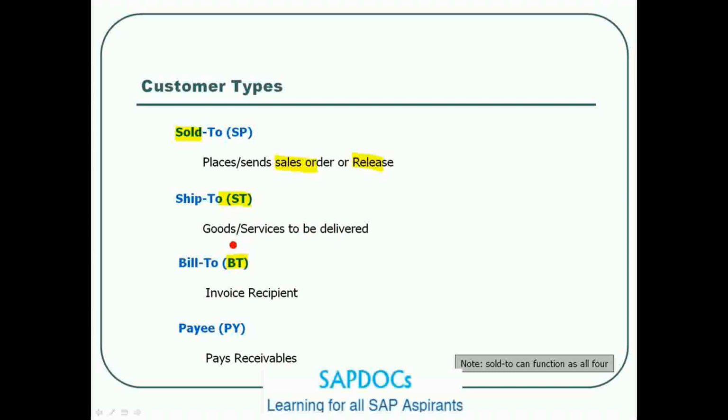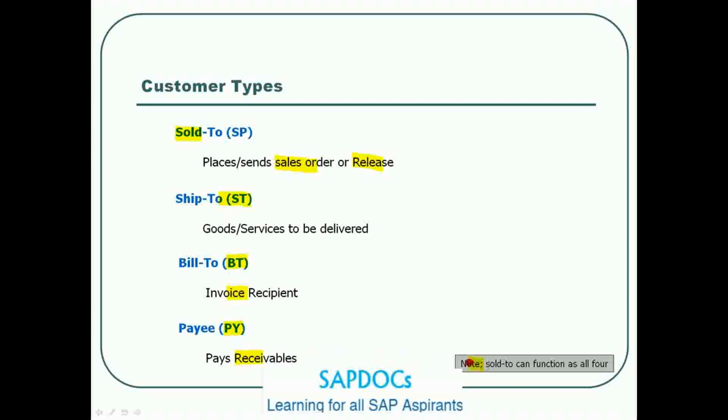Billed to is the party that you bill, who receives the invoice, and payee is the partner who pays for the goods that you send, or in other words, they pay the receivables.